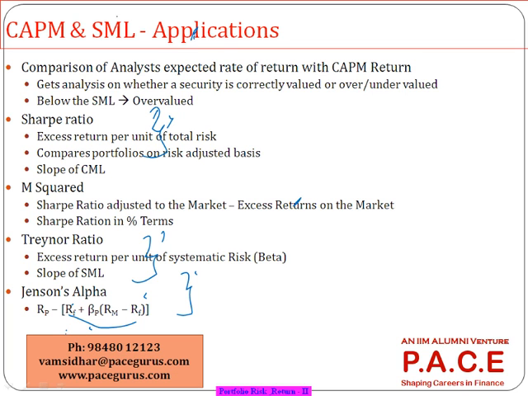And there is one more model called the M squared. See, we have the Sharpe ratio. So Sharpe ratio actually takes the return on the standard deviation of the portfolio. Let's say return of portfolio minus risk-free rate of return divided by the standard deviation of portfolio. This is what the Sharpe is taking. Now what it is saying is, you adjust this to the market portfolio, which means you multiply the Sharpe ratio by the standard deviation of the market.